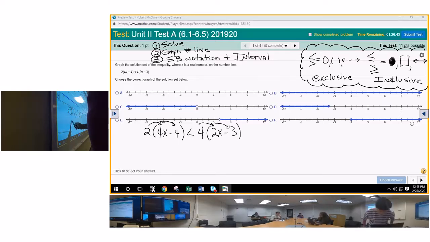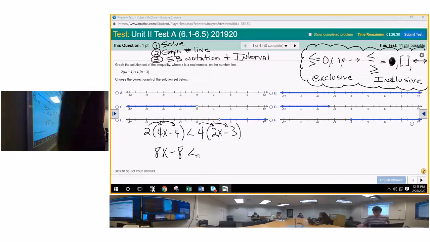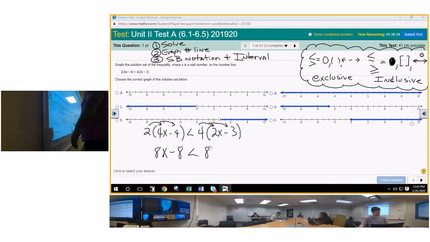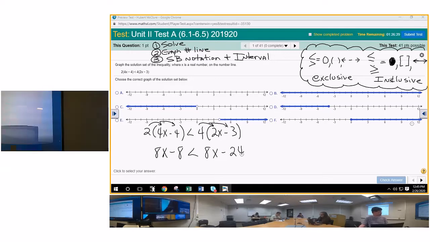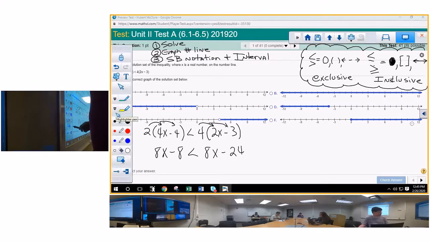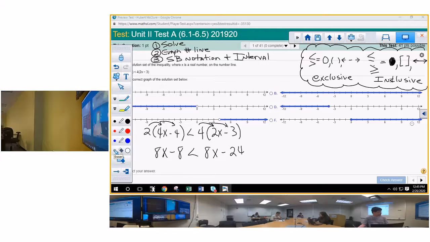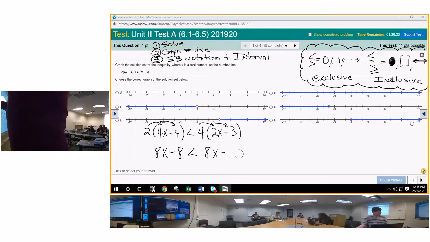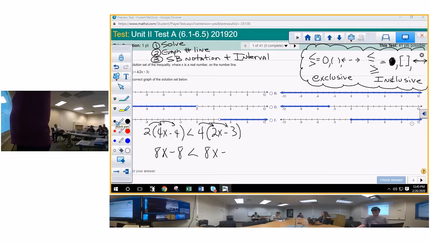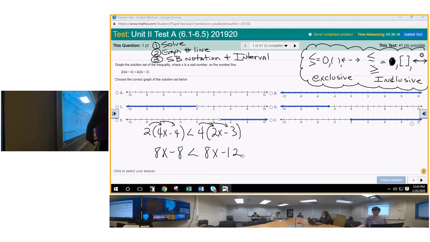That's going to give us 8x minus 8 is less than 8x minus, oh, 12. 4 times 3 is 12. Thank you for telling me the right answer, whoever that was. I don't know where 24 came from. I think 8 times 3 is where it came from in my brain. All right, so the 8x is canceled.